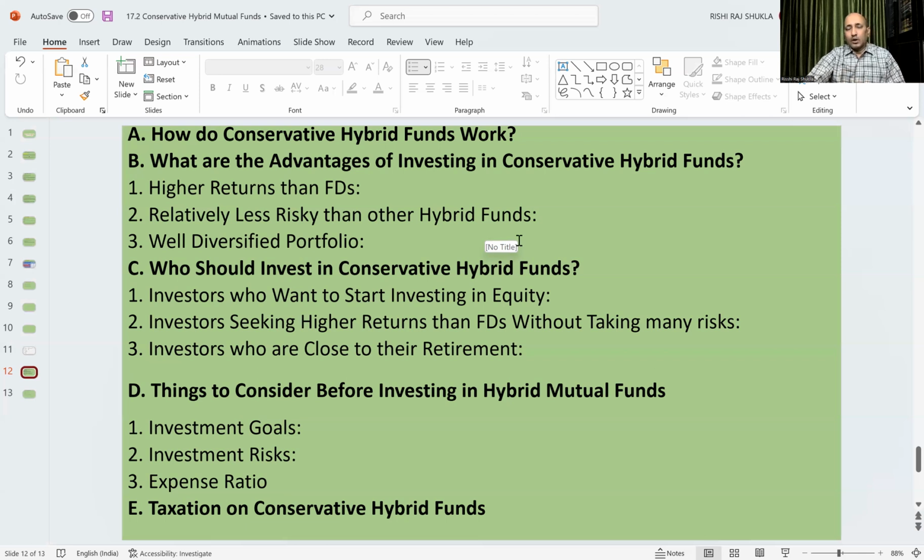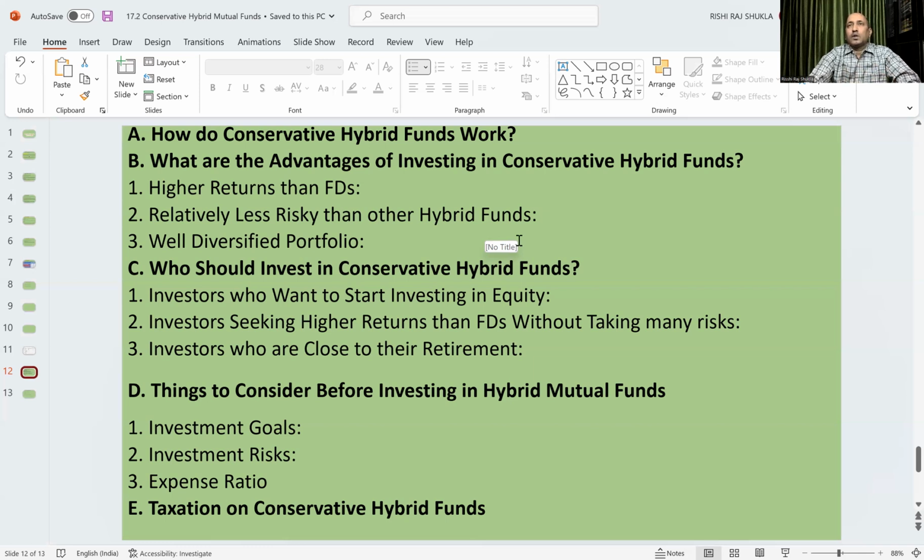Why is this so? Only to give some extra income more than FDs. Some component of equity is there to get more earnings, and the debt part provides the required stability with decent return. So this is the working of a conservative hybrid fund.